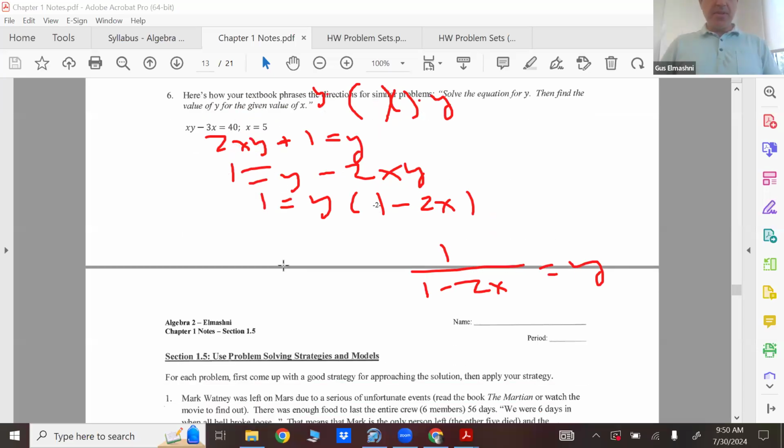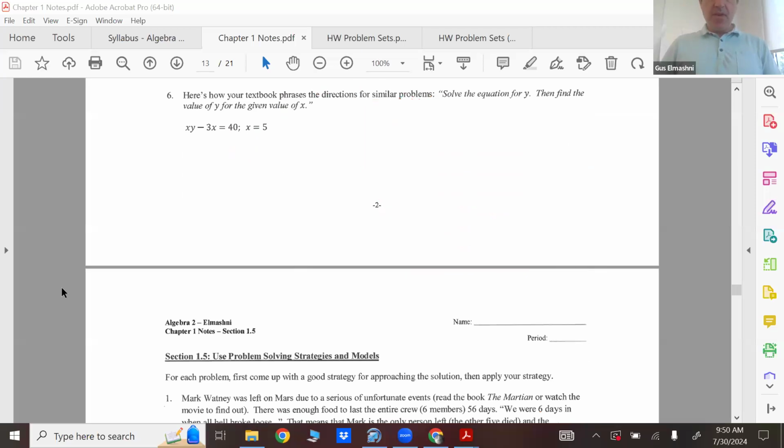Okay, then number 6. Okay, here's how to solve the equation for y. Then find the value of y. Yeah, so that should be pretty easy. I'm going to add 3x to both sides. Y only occurs once in this case. And divide both sides by x.